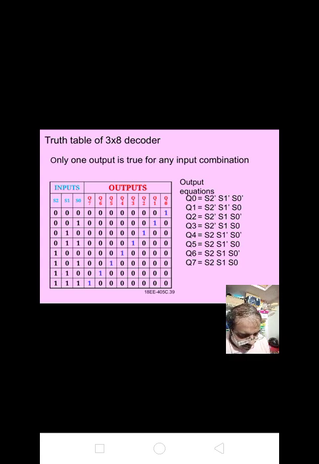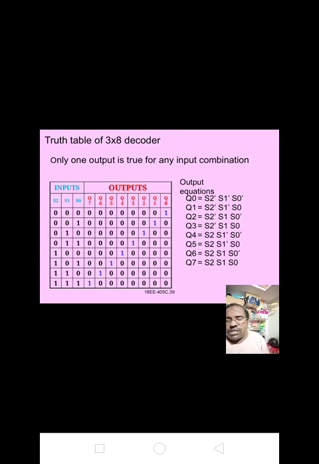For Q5 S2, S1 bar, S0. Q6 S2, S1, S0 bar. For Q7 S2, S1, S0. Okay, these are the output equations. Here only one output is true for any input combination.